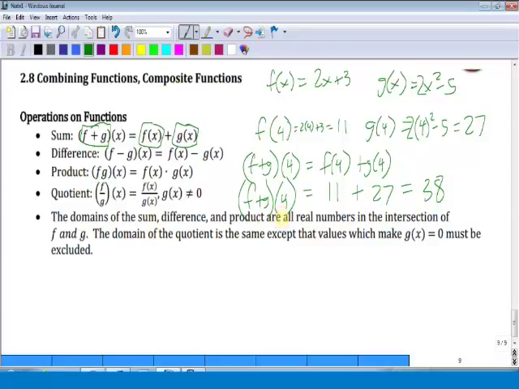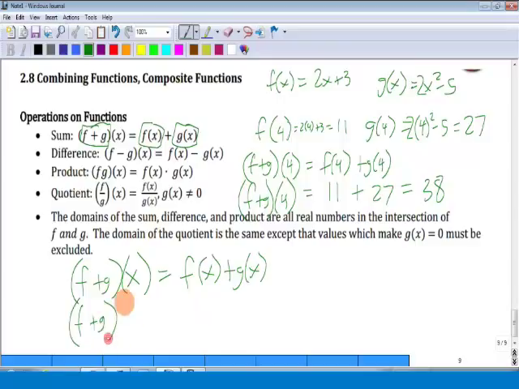Now, another approach we could take is to actually come up with an expression for f plus g of x, and then evaluate that at 4. So you could say f plus g of x is f of x plus g of x, and so f plus g of x is 2x plus 3 plus 2x squared minus 5. Combine like terms.